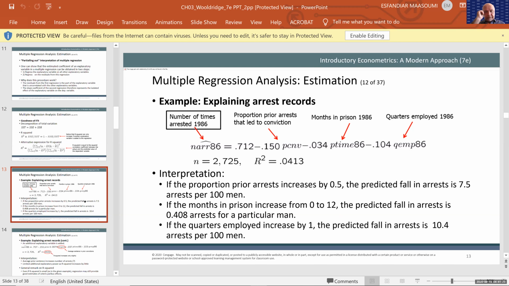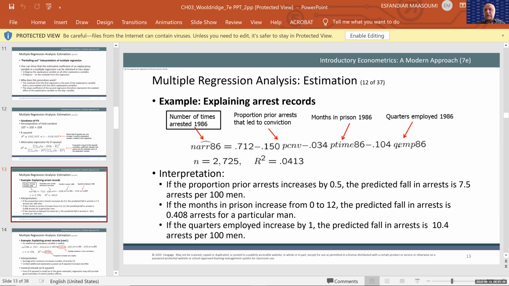So a couple of examples explaining the number of times someone is arrested in 86. It depends on the proportion of prior arrests that led to conviction, months in prison, and quarters employed.